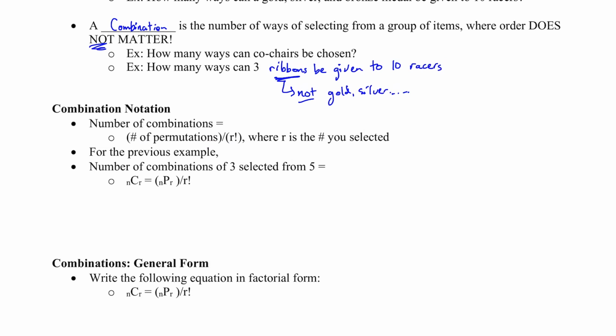For the previous example, the number of combinations of 3 selected from 5 is nPr over r factorial. So n is the number of people right here. We're selecting from 5, and we're choosing 3 of them. That's the r item. So it's 5P3 over r factorial, which is 3 factorial.